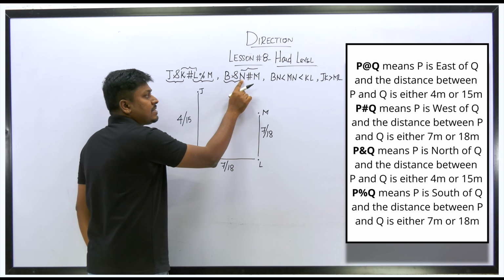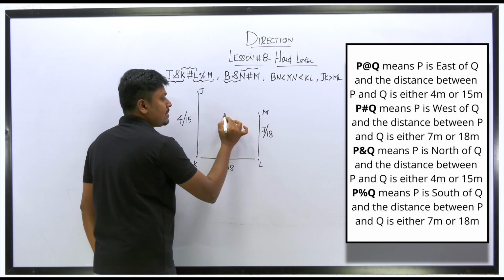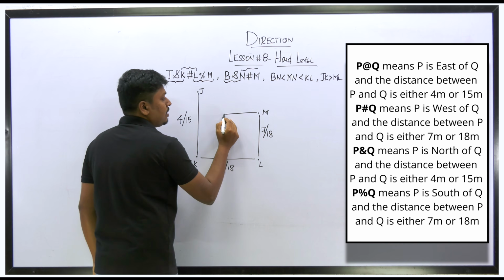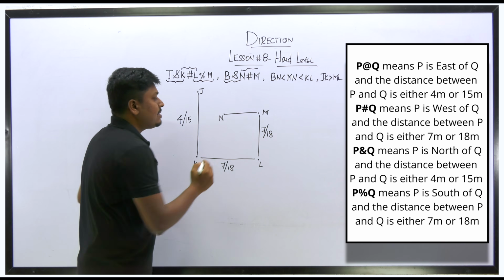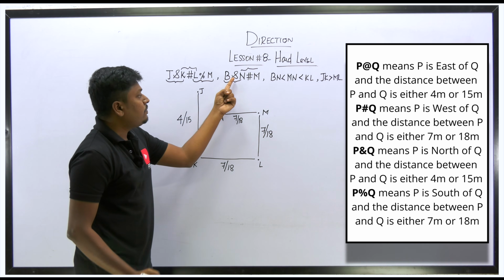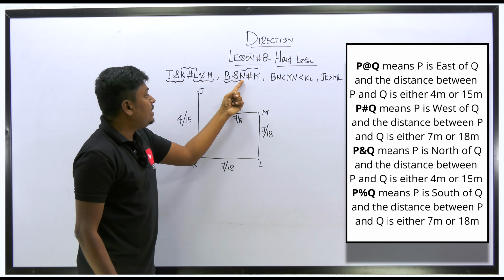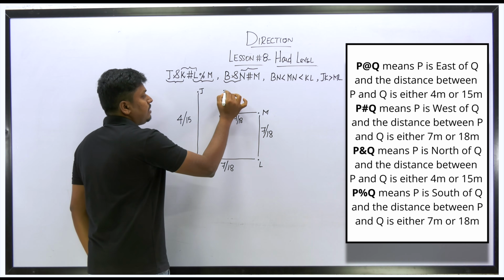So M western side is N. We already fixed M here. So M western side will be this side. So M western side will be N. So we can place N here. What about the distance? If it is asterisk, it can be 7 meter or it can be 18 meter. So now we know that N north will be B. But we don't know the distance here. So let me fix B here.